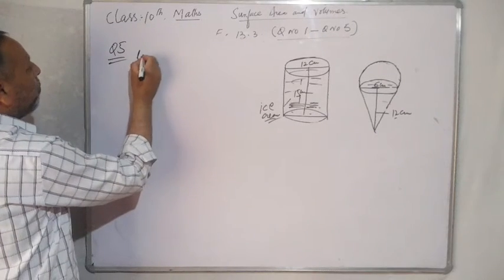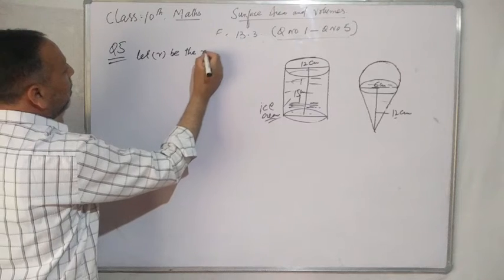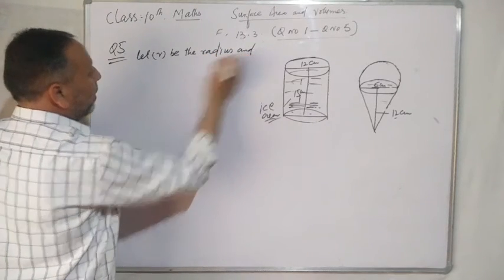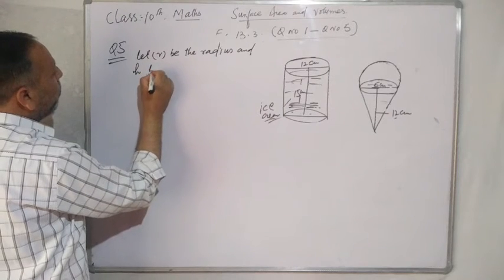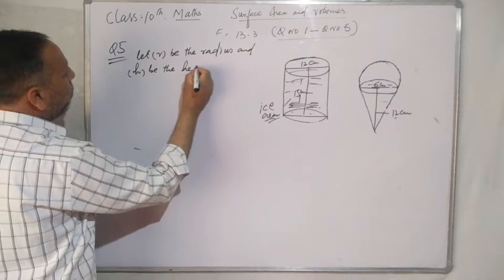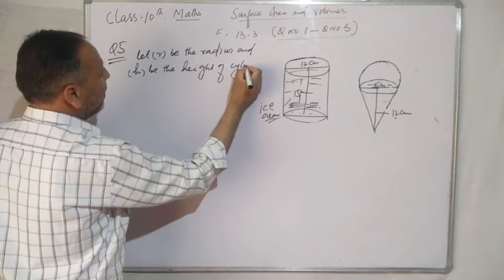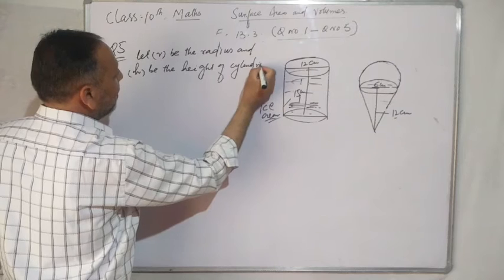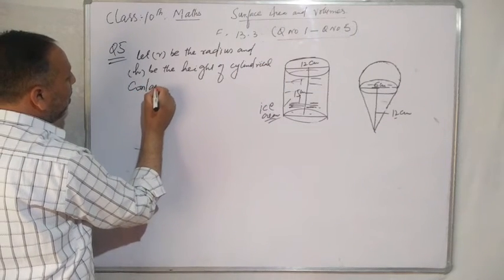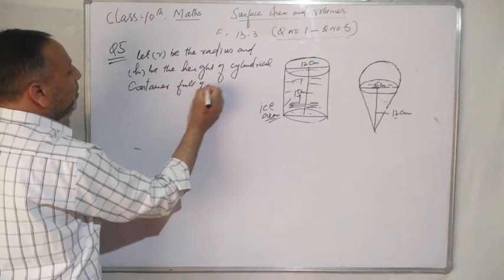So let R be the radius and H be the height of the cylindrical container full of ice cream.